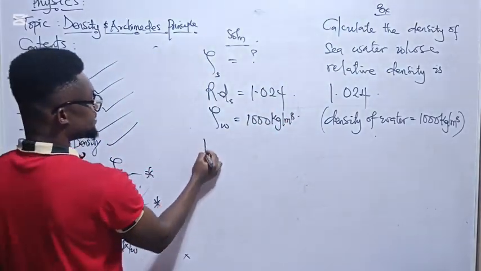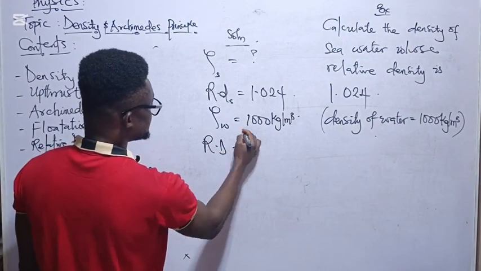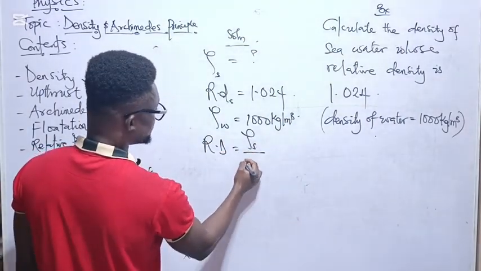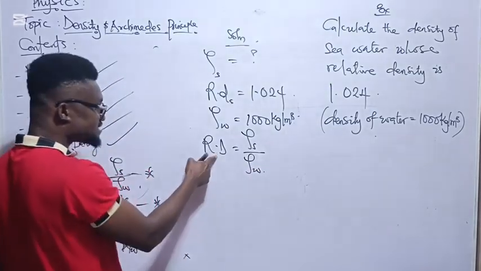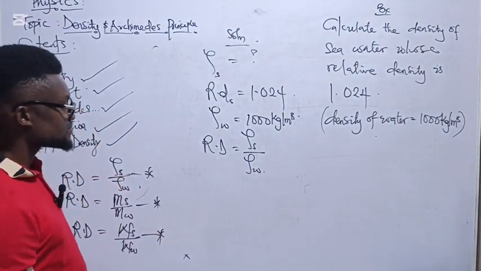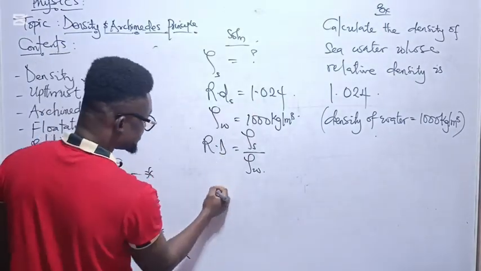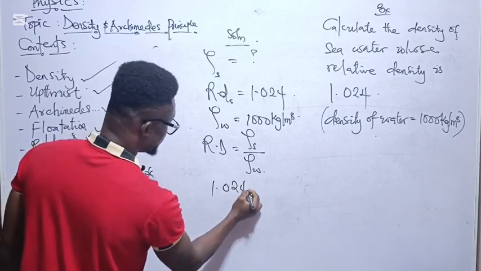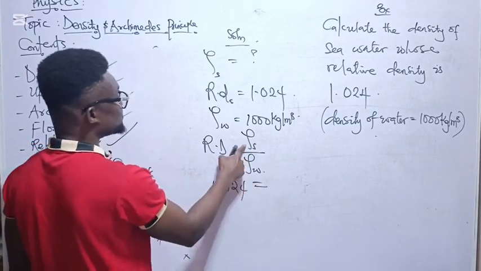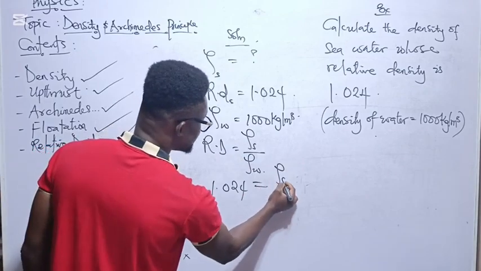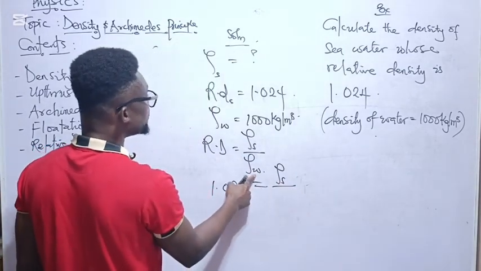So from the formula, relative density is equal to density of substance over density of water. That's the relative density of the seawater. So the relative density was given as 1.024, which will now be equal to density of the substance over density of water.